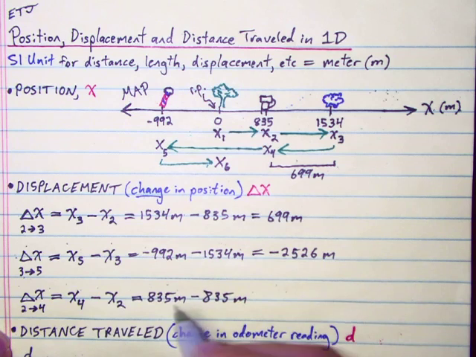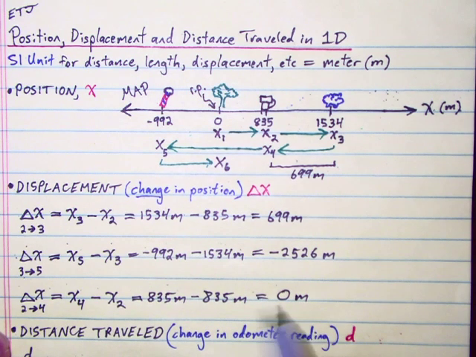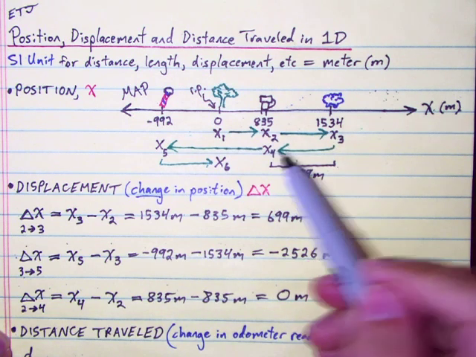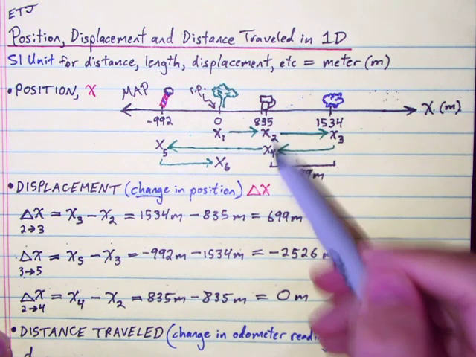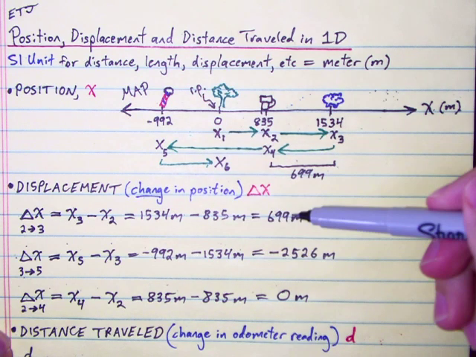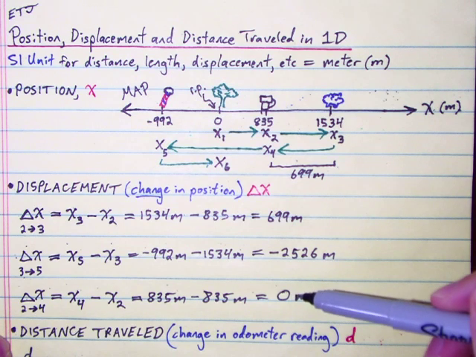So the difference between his position at these two events is 0. Now, he did move between these two events. He went here to the petting zoo and back again, but he ended up at the same place where he started. So the total change in his position is 0. So we see here that a displacement can be a positive number, a negative number, or 0 if you end up back where you started.